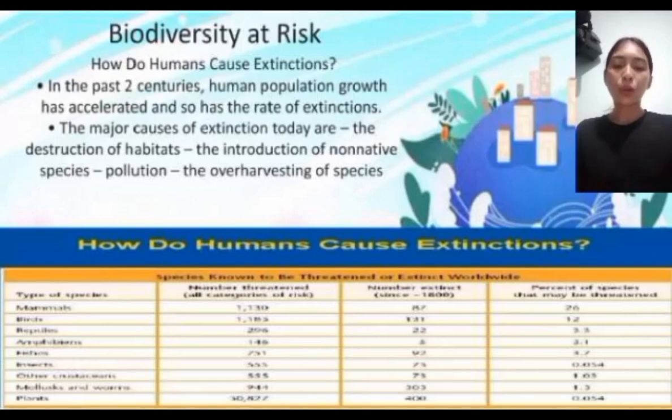Humans are a major cause of species extinction due to various harmful activities. There is a chart showing how different species are affected by these human activities.